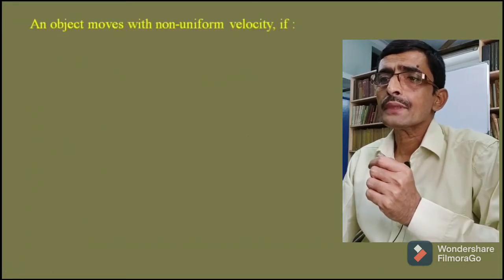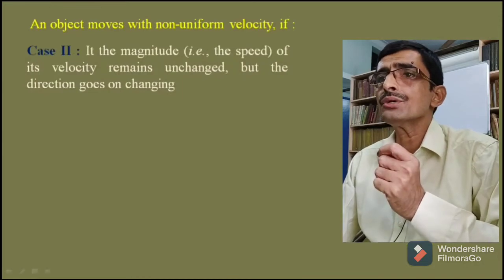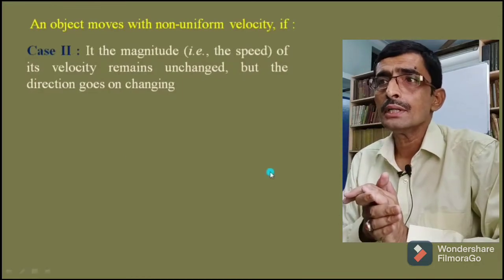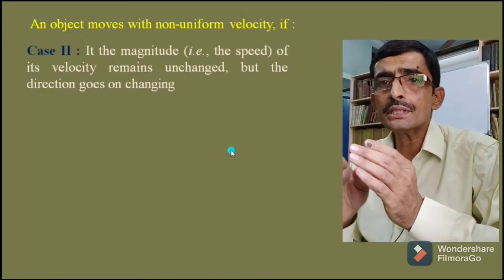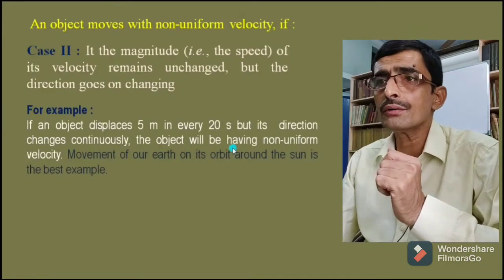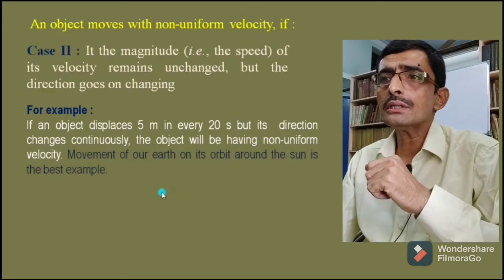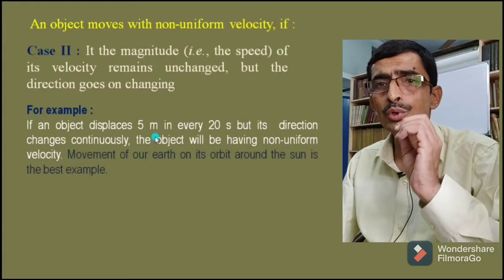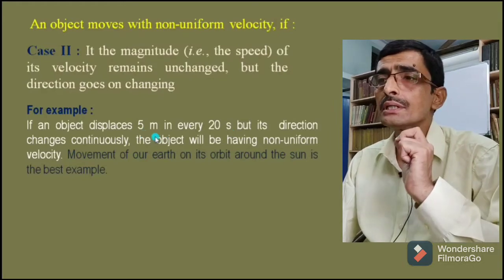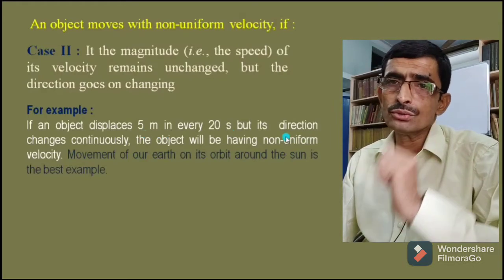Another case where we have non-uniform velocity is where the magnitude may remain the same but the direction goes on changing, meaning speed remains the same but the direction goes on changing. Suppose an object moves in such a way that in every 20 seconds it covers 5 meter, but its direction goes on changing.